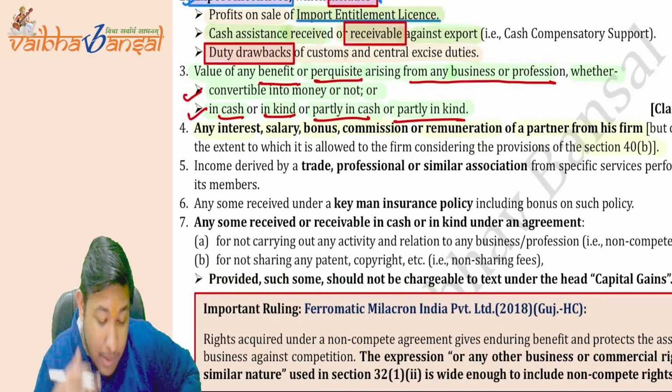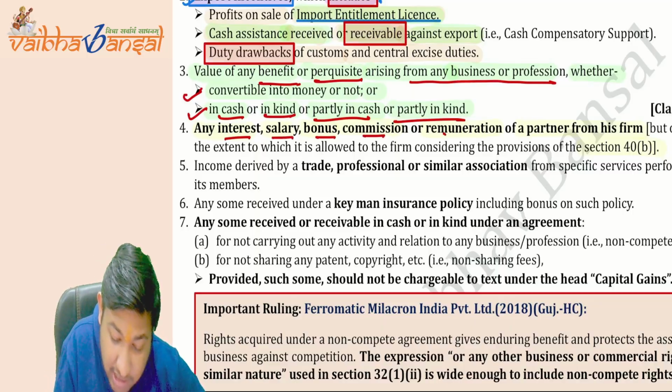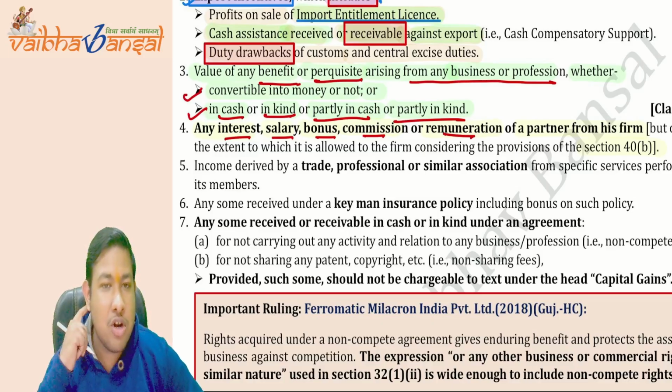Now, I have said by whatever name called, interest, salary, bonus, commission, remuneration of a partner. I have not said profit. Profit received by a partner from his firm is not written here. Why is it not written here?